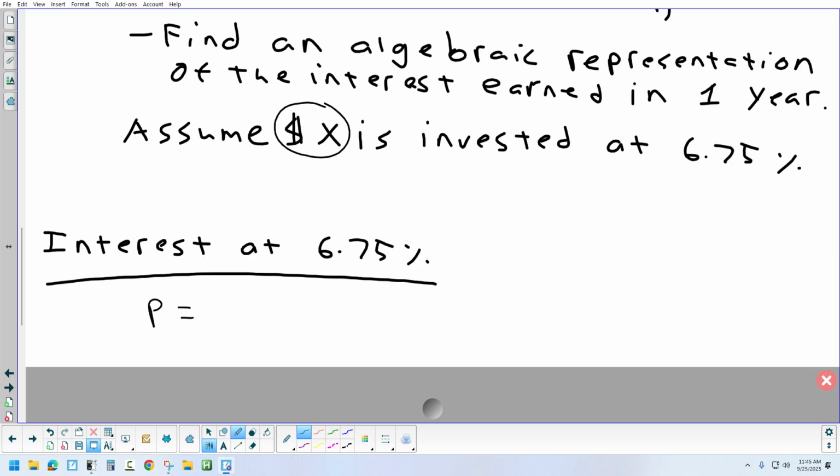What's the rate of the 6.75% if you change it to a decimal? 0.0675. Okay, so let me just put that off to the side for a minute. Keep that in mind. Oftentimes I write it down and then I put it in my formula.